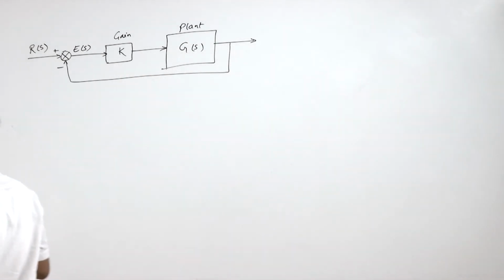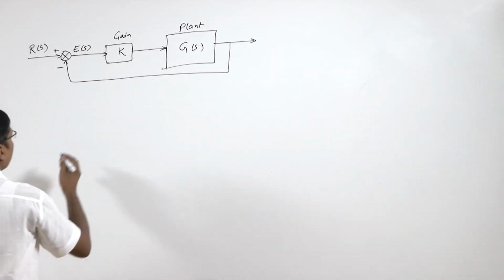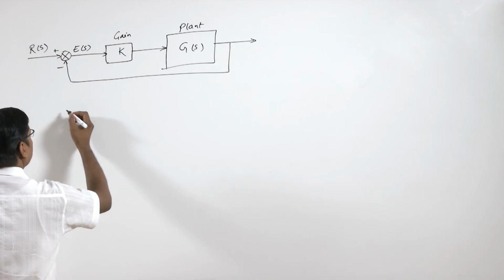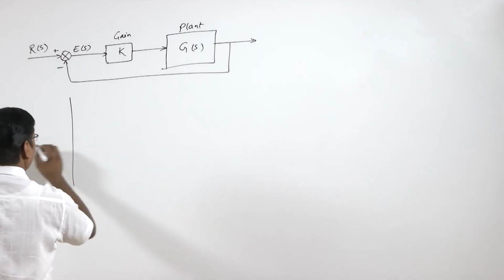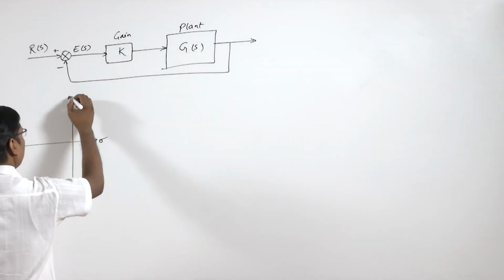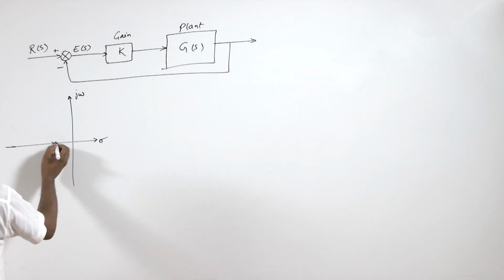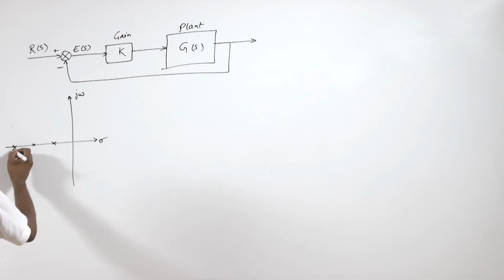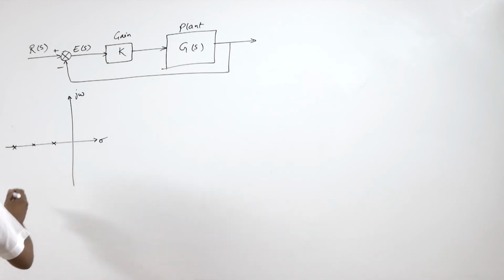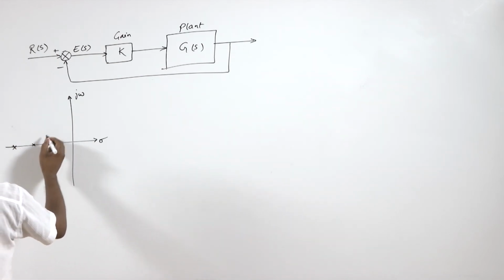If we plot the root locus for this, let's say G(s) has 3 open loop poles here, and we have a root locus.